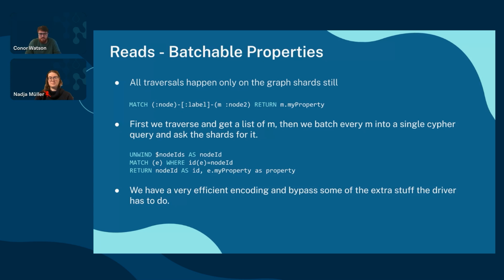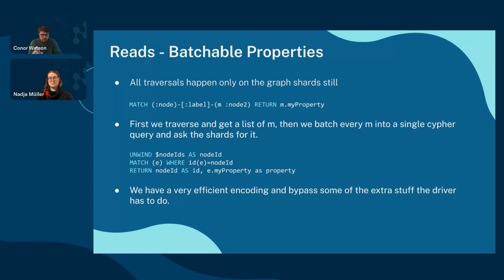So if this query returns 100 M's, we will batch those into 100 divided by how many property shards you have, and send those off in parallel. And then each of the property shards will basically do a query themselves into their own Neo4j databases, return M and their properties, and then stream that back to the graph shard, and then they'll get sent back to you.